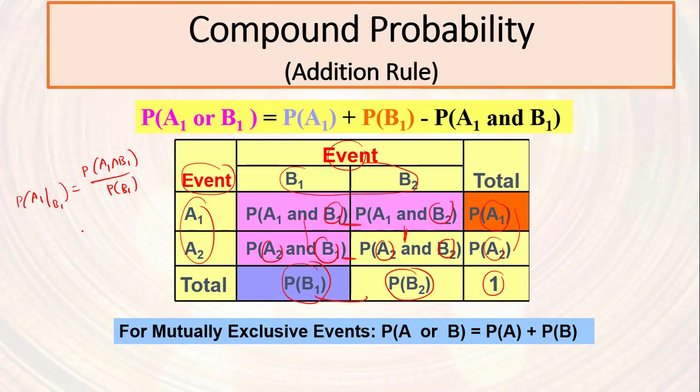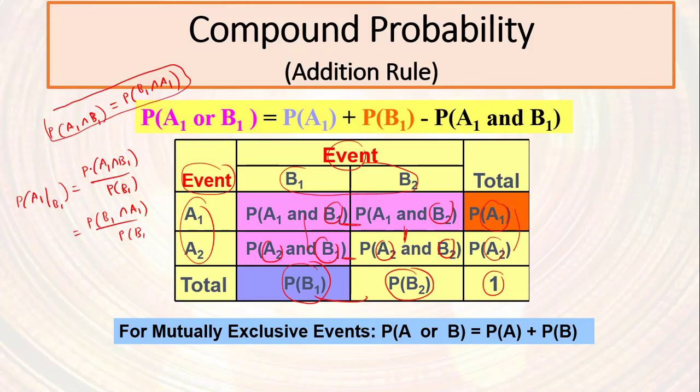So you can even write down the same one as probability of B1 intersection A1 divided by probability of B1. Probability of A1 intersection B1 equal to probability of B1 intersection A1. So basically what I'm giving you is review.